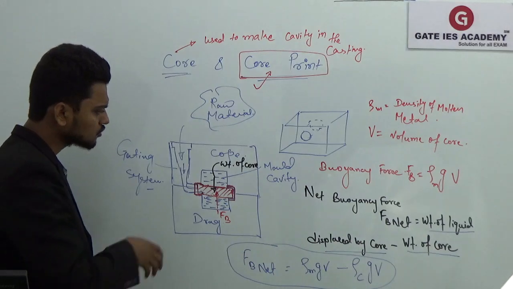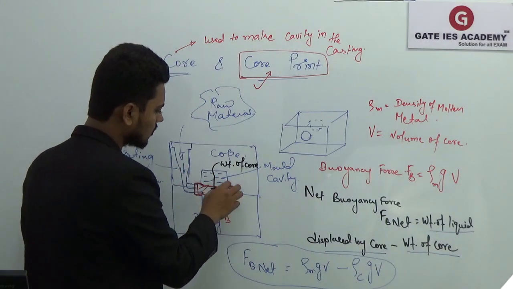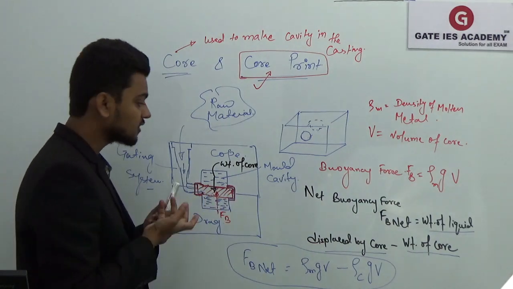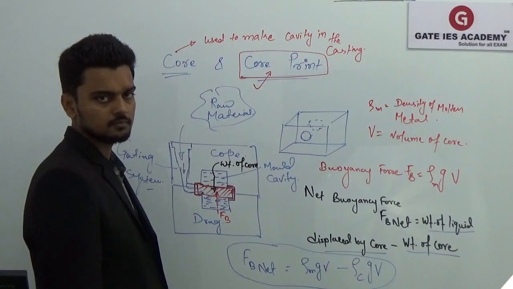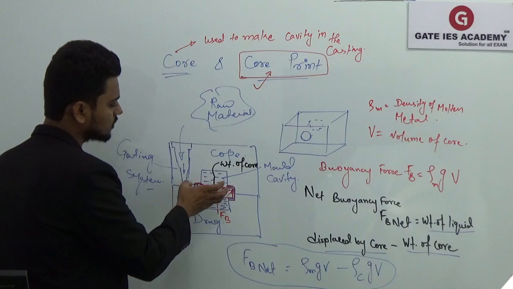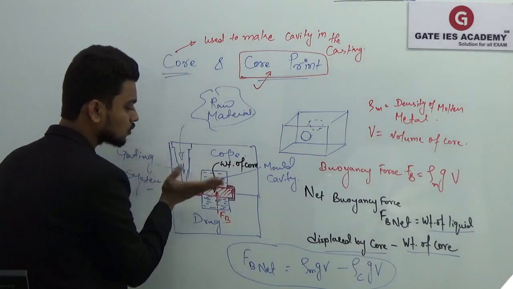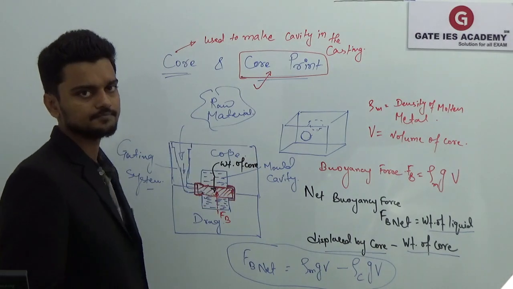So we give some provision to that pattern. So obviously it will form the cavity in your mold that will give the support to the core. So this core print will give you the support to keep this core in position in the mold cavity.